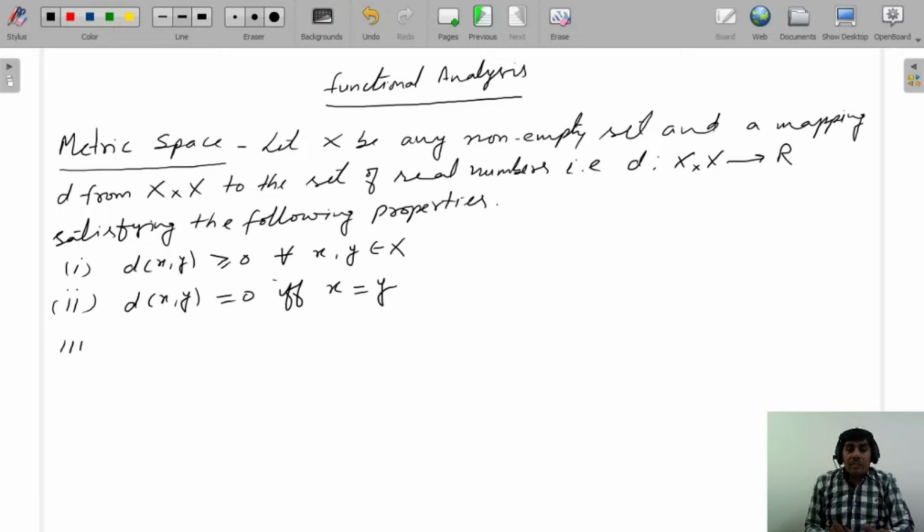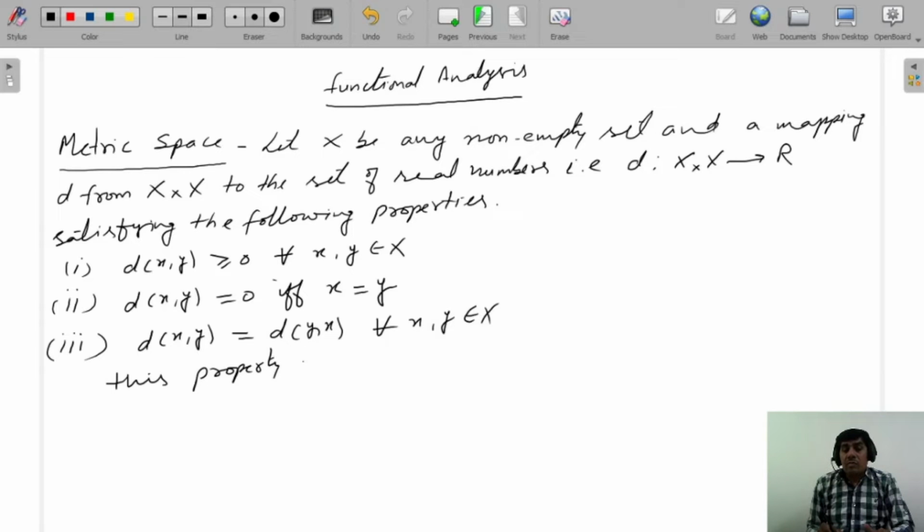Third property: d(x,y) is equal to d(y,x) for every x and y belongs to capital X. This property is known as the symmetric property.